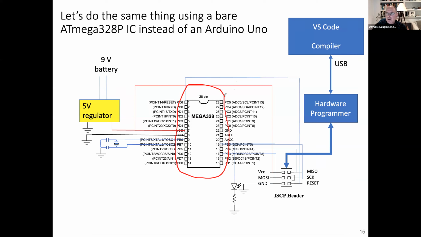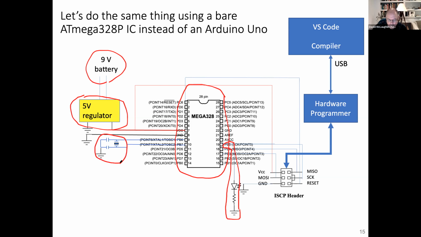Now, if we wanted to make an LED on this blink, well, we could take our LED and hook it up to one of the pins. We're hooking it up to pin PB5. That's fine. We have to then power up this chip. It wants 5 volts. So we might get a 9-volt battery and a 5-volt regulator to give us 5 volts. We'd have to get an external crystal so that the chip is clocked at a certain frequency.